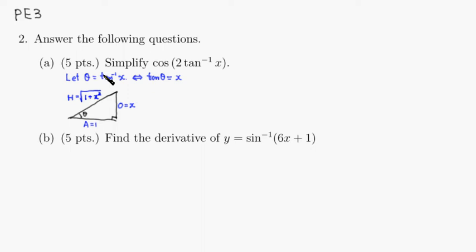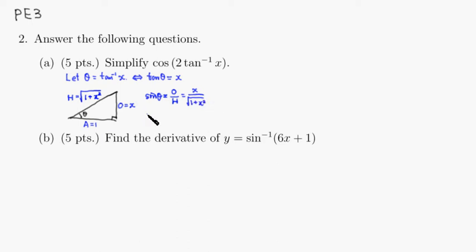From here, we can figure out the sine of theta. Sine is opposite over hypotenuse, so it's got to be x over the square root of 1 plus x squared.